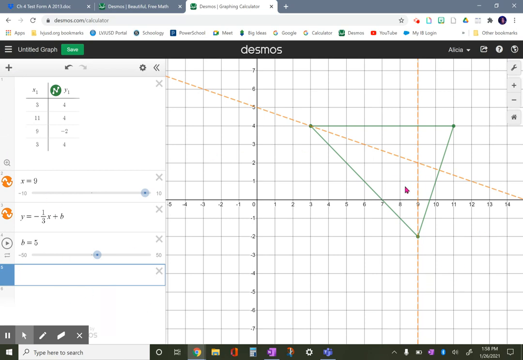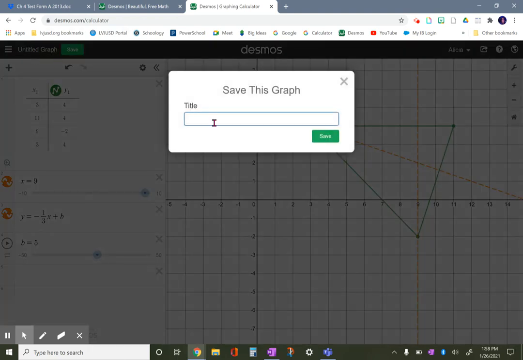If you need to go away from your work and come back to it, you can save your graph. So I can title this number 11, student journal, page 178 for what section this is, section 6.3, right?